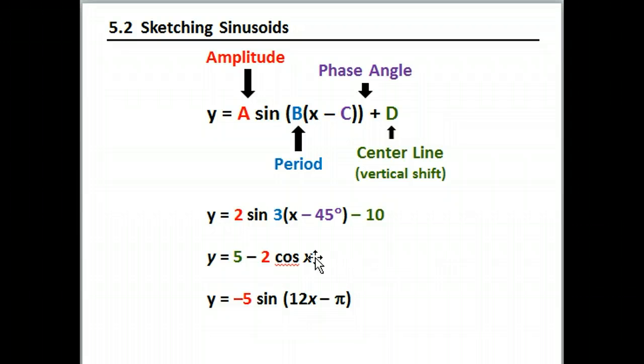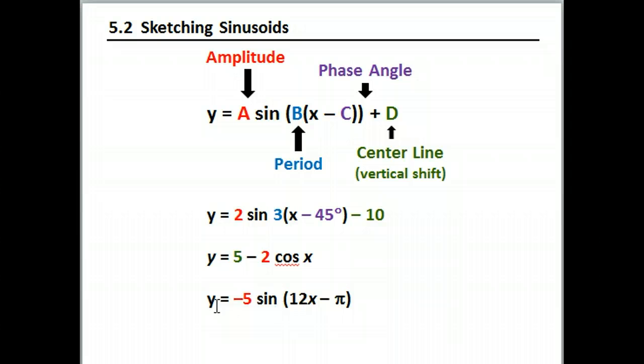And we have no phase shift here at all. And we have a standard period. There's nothing in front of the x, so it's a standard period of 2 pi or 360 degrees. Whenever there's nothing right here, that means there's the invisible 1, which means that our period is going to be 2 pi or 360 degrees.